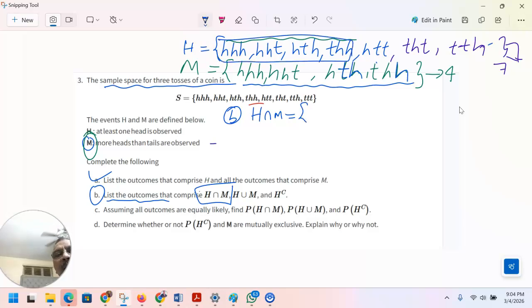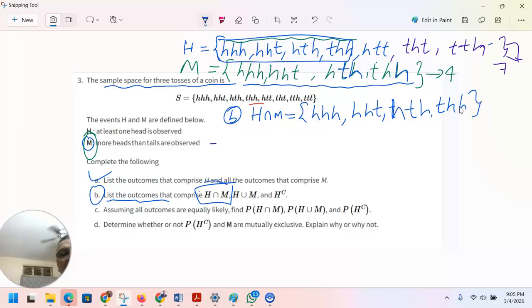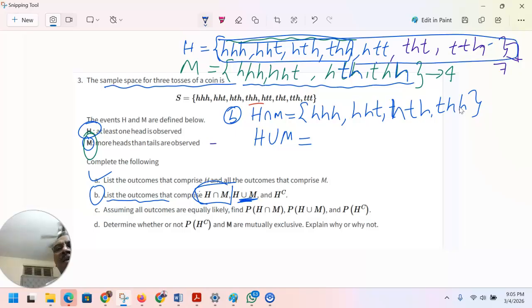So all of them. That means it is HHH, HHT, HTH, and THH. So that takes care of this. What is the meaning of this? Either it is at least one head. So it's like putting together all of them. And if you put this together, it means you're putting the whole piece.